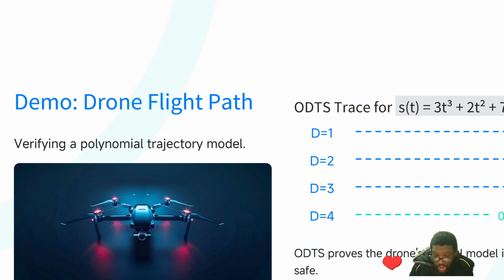The 5 becomes 0, since 5 to the power of 1 minus 1 is 5 to the power of 0, and the derivative of a constant is 0. So that's 0. Then 7t to the power of 1 gives 7 times t to the power of 1 minus 1, which is 7.